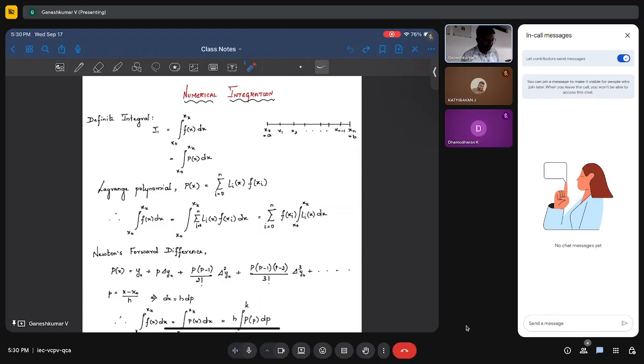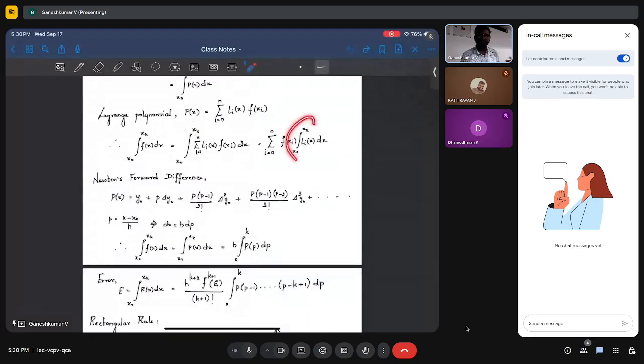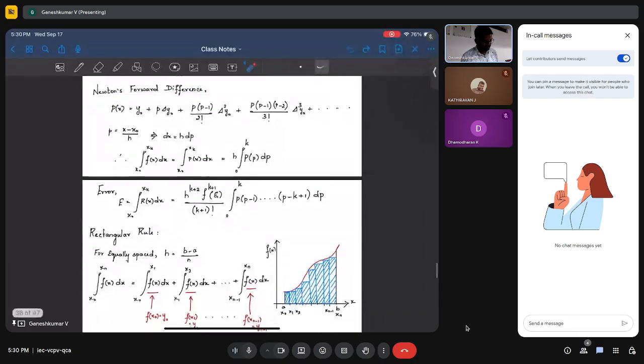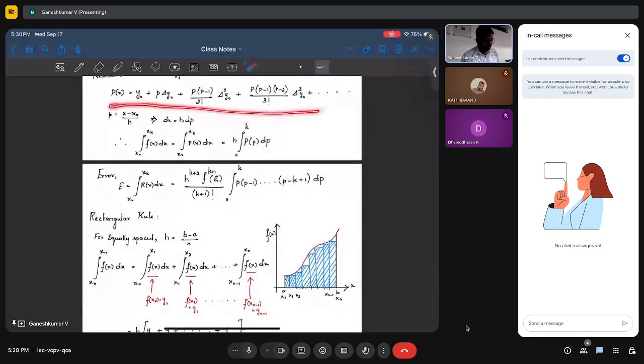Initially we can do something like a Lagrange polynomial, and you can integrate that Lagrange polynomial, or in this case you just need to integrate the Lagrange coefficient. You will end up having the integral. That is one way. Similarly, we can also do it for Newton's forward difference, which makes you construct the polynomial, and instead of this function you replace the polynomial.